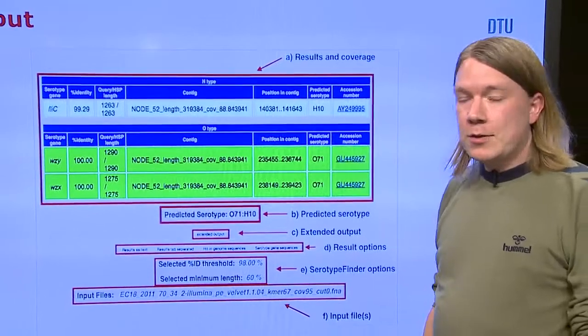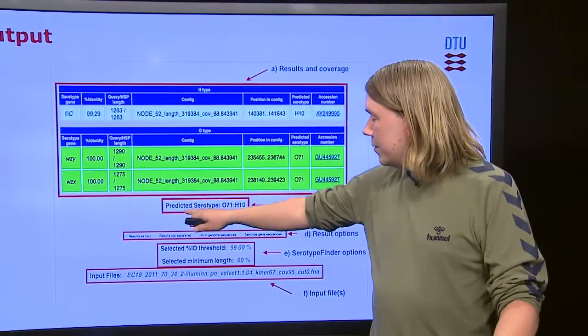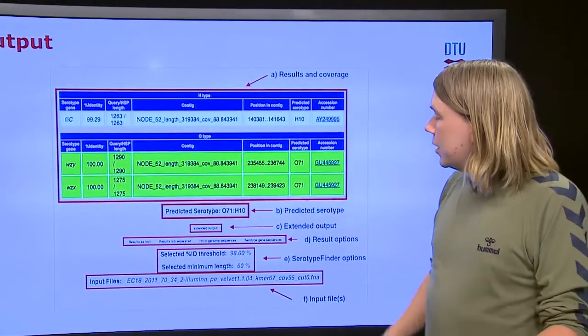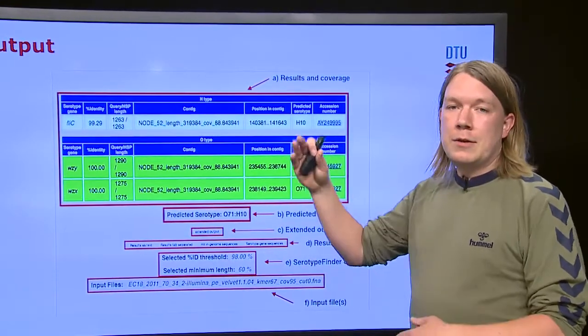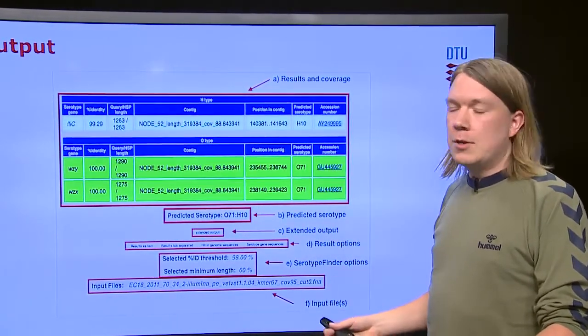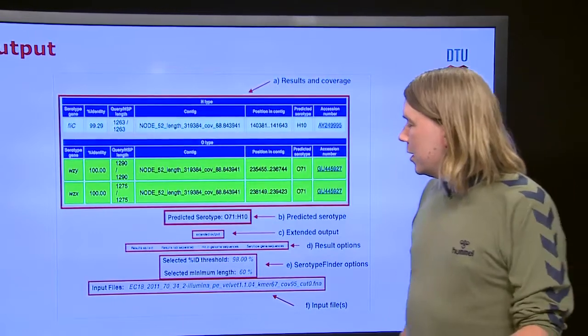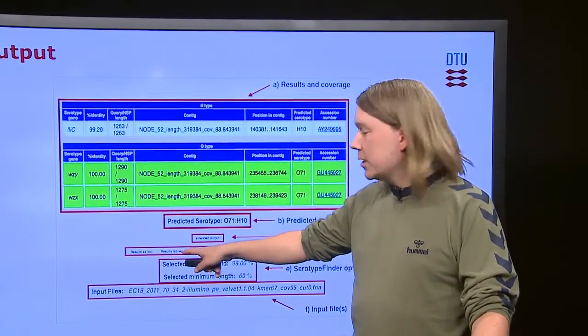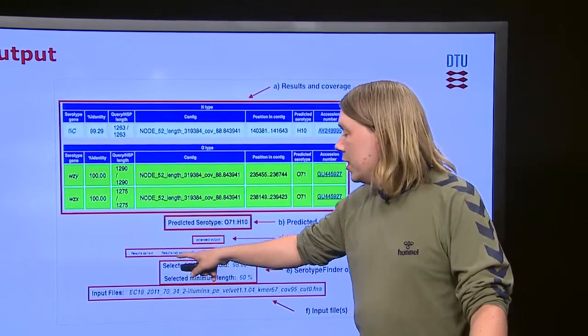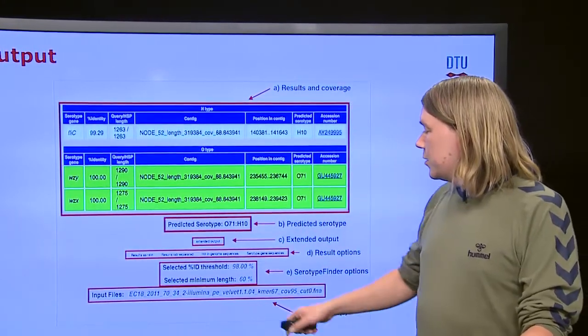The actual predicted serotype is then below the table here, and you can push the button called Extended Output, which gives you a view of the actual alignment done by BLAST. Then you can download your results as text or tabulated as a text file, which can be imported to Excel or another spreadsheet software.